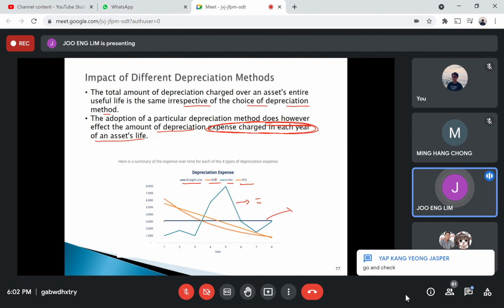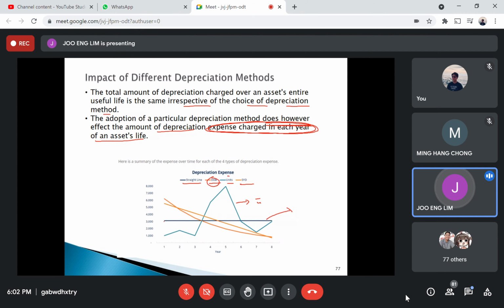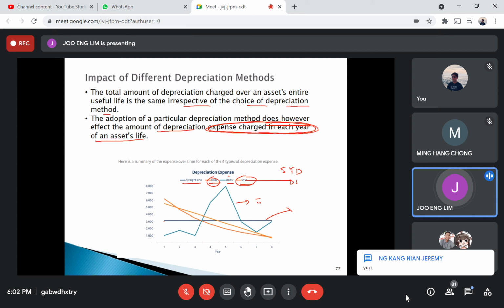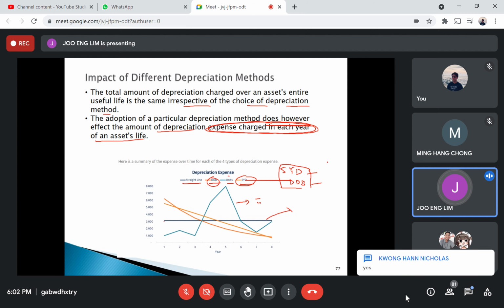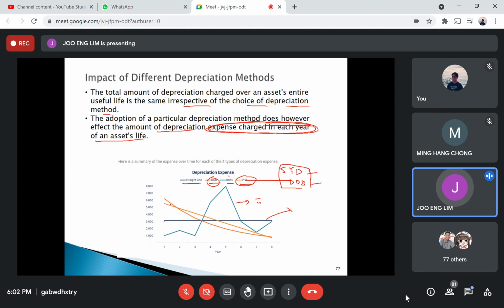I want you to compare these two because they are in the same category. SYD and DDB are in the same category. I want you to see the rate of the acceleration. If you look at SYD, it accelerates this way because it has a fixed pattern to accelerate.